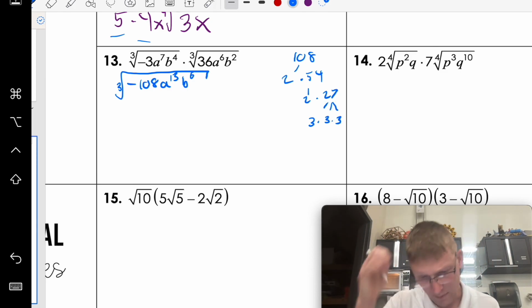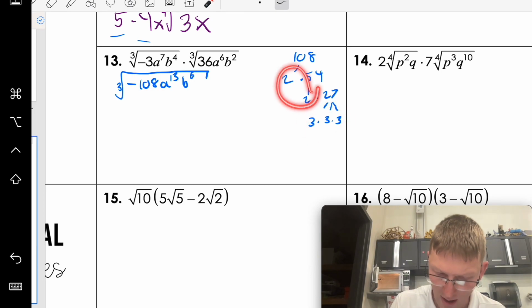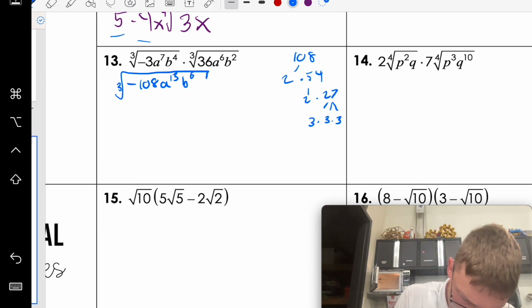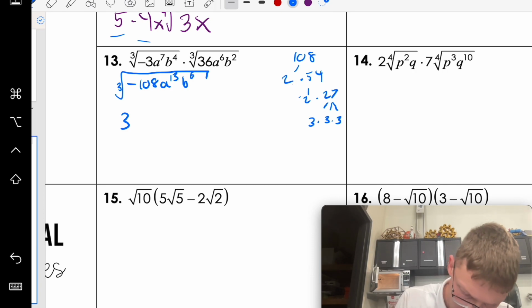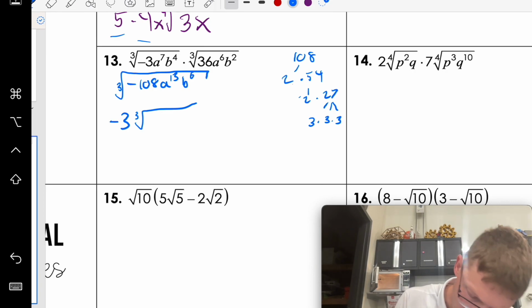So there's actually my perfect root. So this is going to come out, this is going to stay in. Remember, because we're in a cubed root, you need 3 matching numbers. So I'm just going to go ahead and pull my 3 out, and then I'm going to have 2 times 2 left over. So that's going to be cubed root negative 4. We can pull the negative sign out too. We're going to do that.